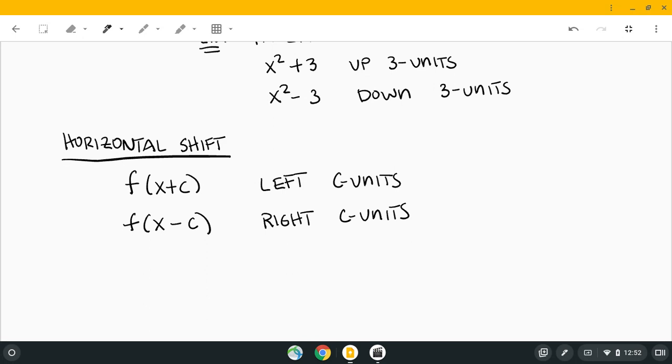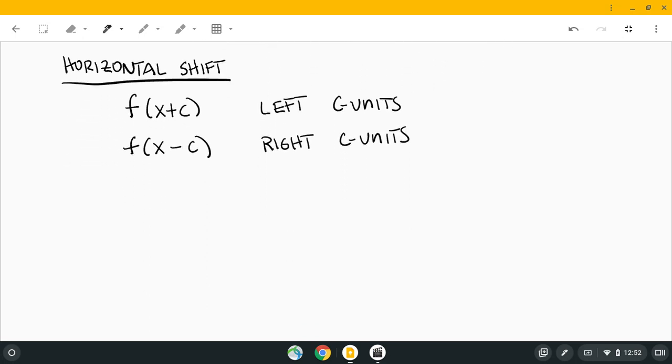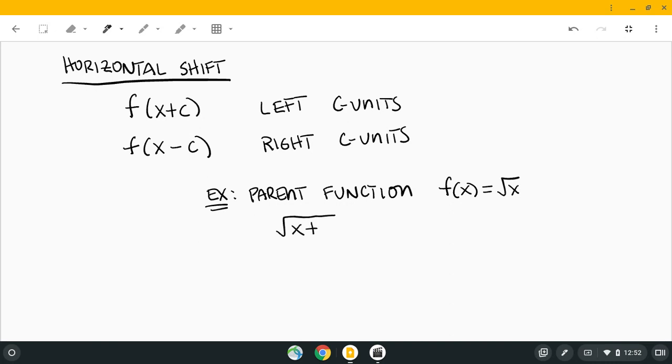Okay, so if I have, for example, suppose that I have this parent function. I'll use a different one from x squared, but you could use it for x squared, any of these parent functions. Okay, so suppose that your parent function is the square root function. So what happens is if you add c to the x value, then you have to shift this.